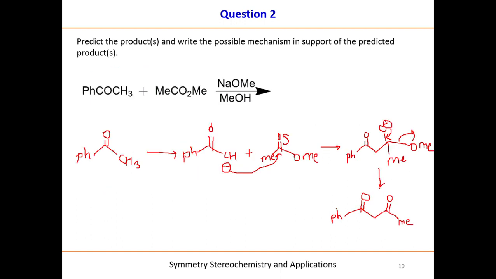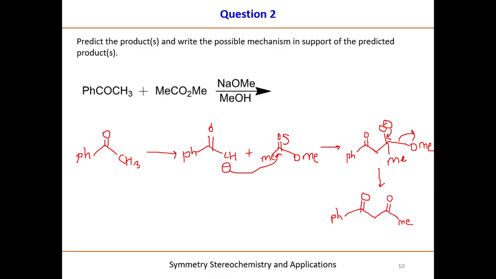Now we move to the next question, where we have discussed the Claisen condensation reaction. In the Claisen condensation reaction, the abstraction of an alpha proton takes place. So the alpha proton is abstracted from the ketone here, and then this CH minus attacks the carbonyl carbon atom of the ester.